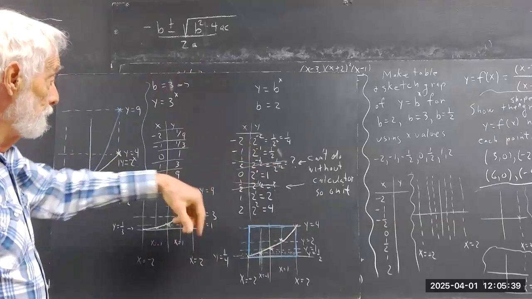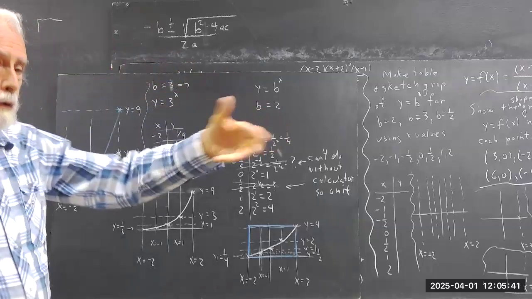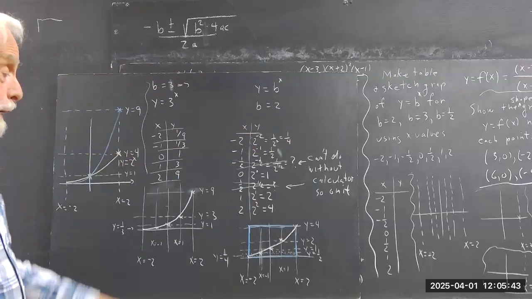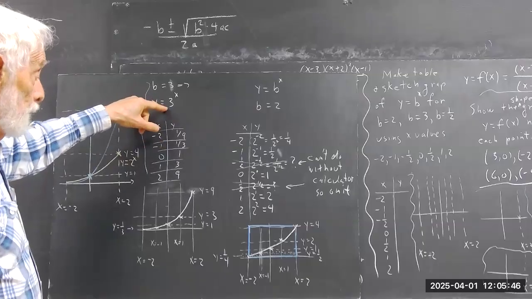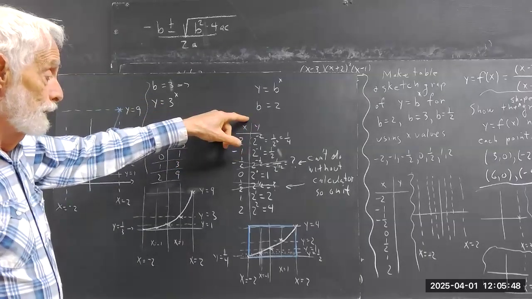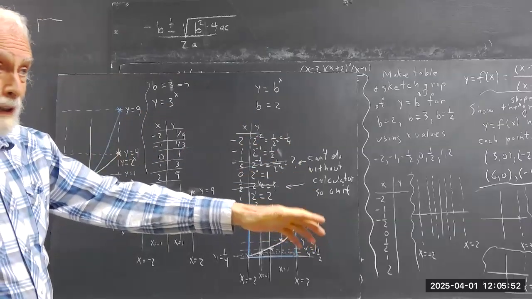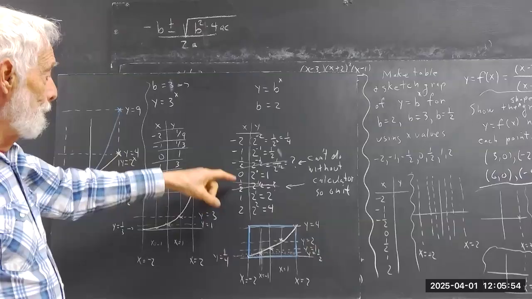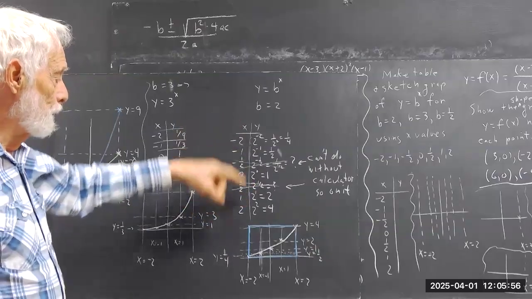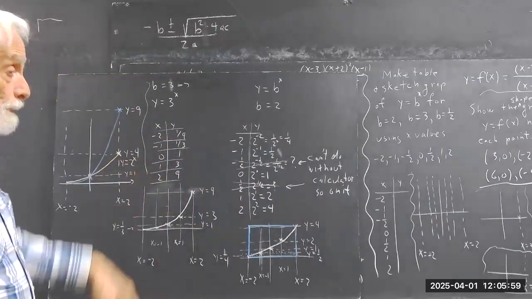So when you do the reciprocal that you have to do for a negative exponent, you're going to get lesser values for this one than you do here. But as soon as you pass x equals 0, now you're doing positive exponents, and these numbers are going to be bigger than these numbers. Okay?